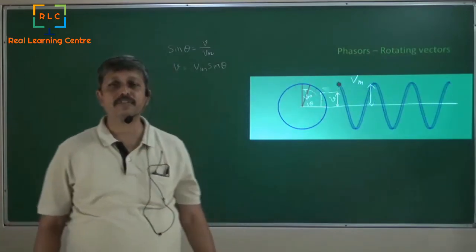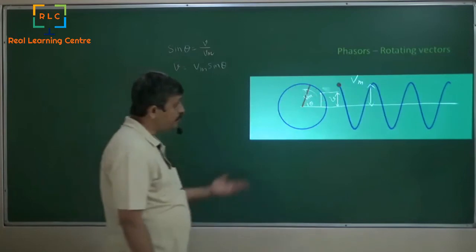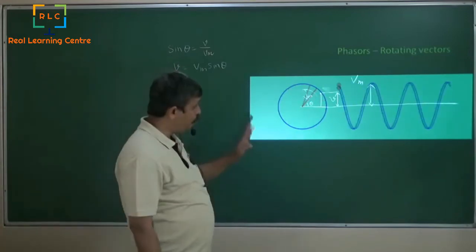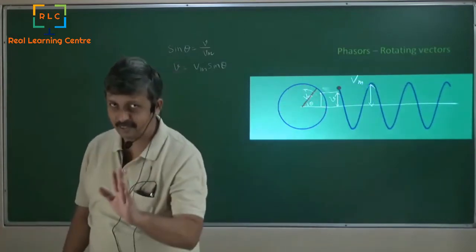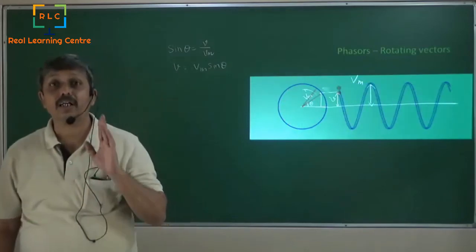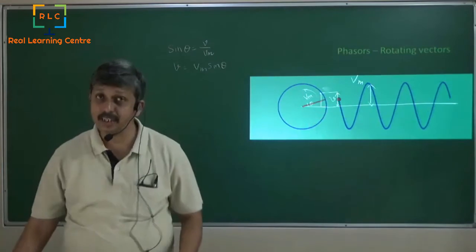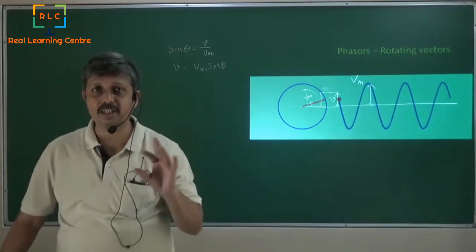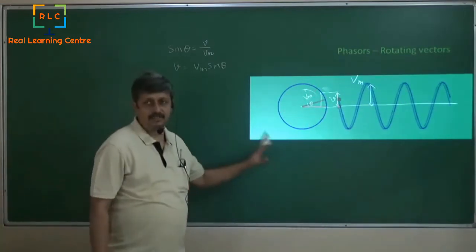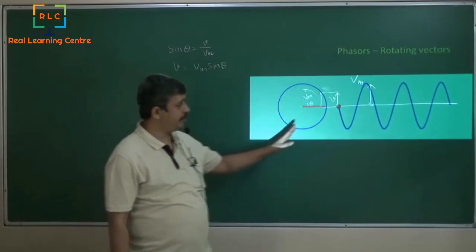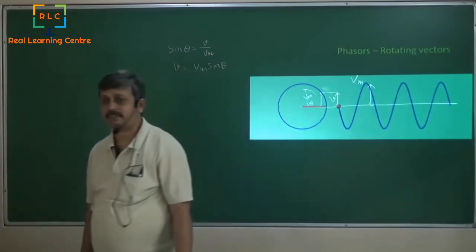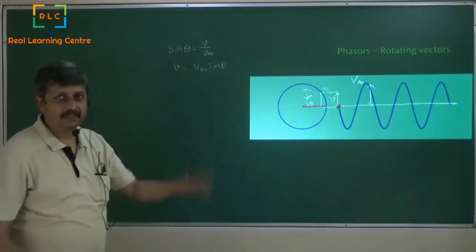Those phasors need not be in phase, but both of them are going at the same pace. Remember this. If voltage is like this and current is going at the same speed, the rotation speed does not change in a phasor. Rotation speed is nothing but the frequency of this wave, or the time period.